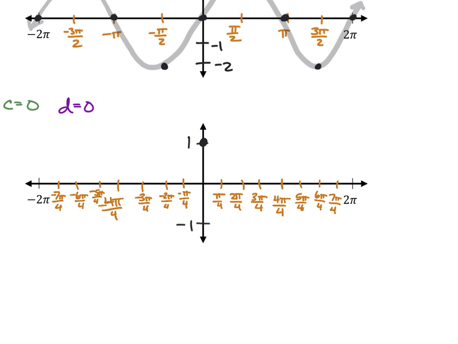The pattern goes maximum, center, minimum, center. Every time I put a tick mark, I need to put a dot, which is why we chose a specific x increment for this graph. After center, I go to max, and then center, and then min, and then center, and then max.